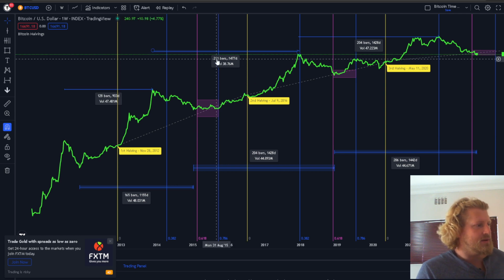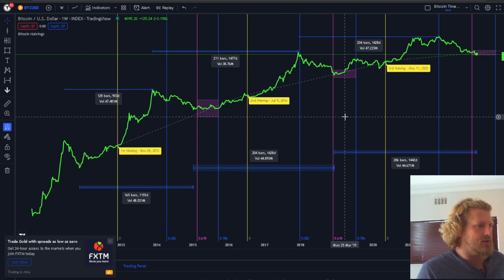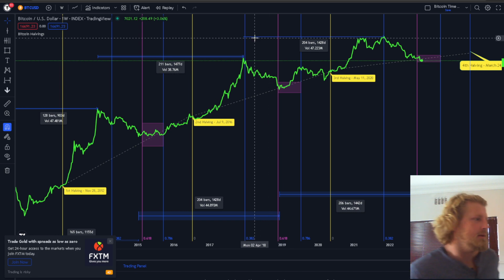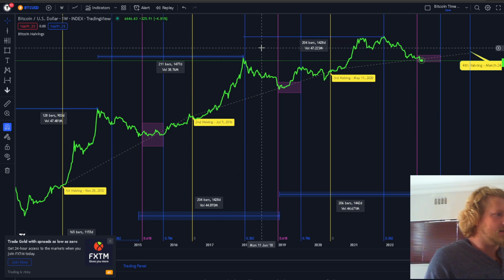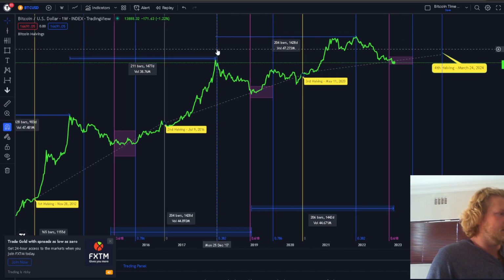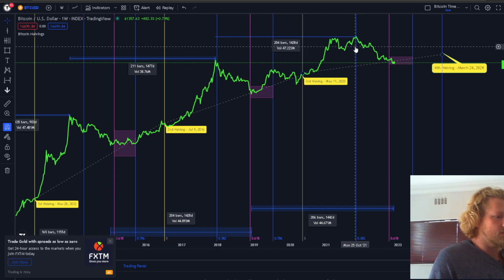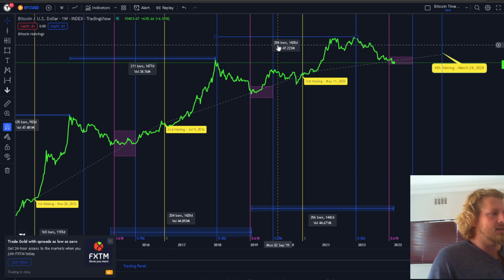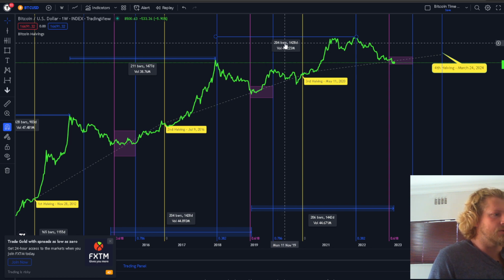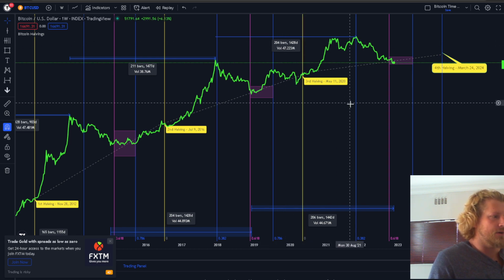This one being 211 and this one being 204 bars. If we use that analysis again, we can see from the 2017 top to the recent top in November 2021, it lasted once again 204 bars, just 4 weeks short of a full 4-year cycle.